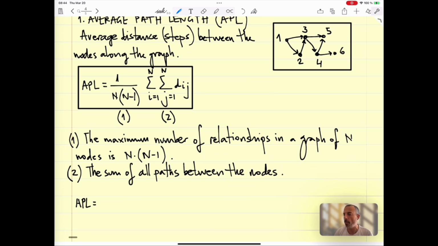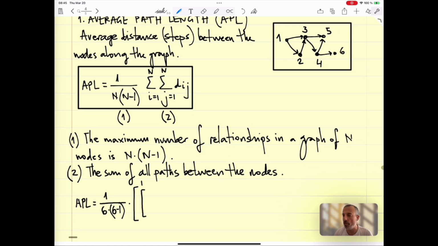APL equals 1 divided by n is 6, so we have 6 nodes, times 6 minus 1, multiplied by. So we take node 1.